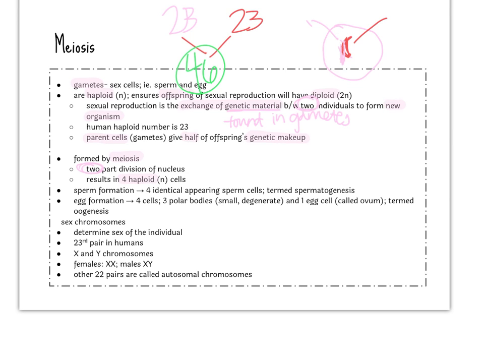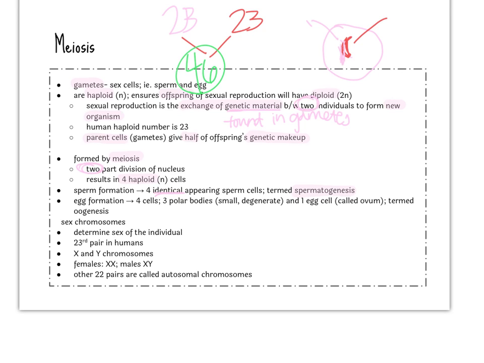And we're going to watch a video that goes into meiosis a bit more and gives some good graphics, better than the ones that I can obviously draw over here. But this formation of sperm results in 4 identical appearing sperm cells, and this is called spermatogenesis. Big word, it basically just means new sperm.